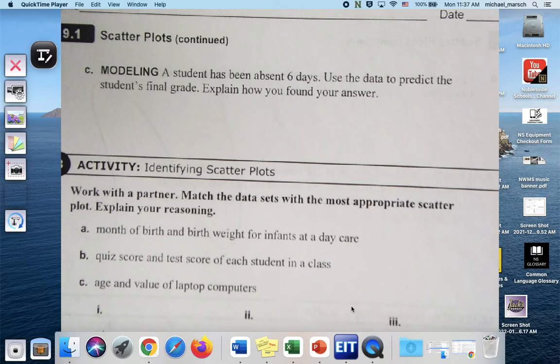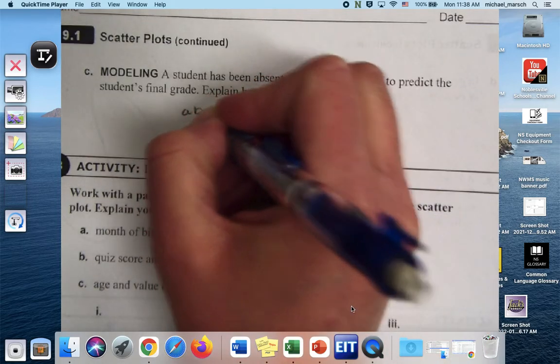So who wants to share with me? What do you think a good prediction would be? What do you think? Mia? 80 or 75%. Yeah, about 80%.